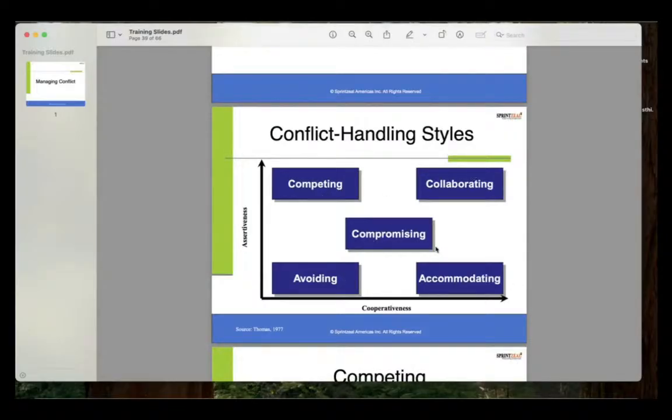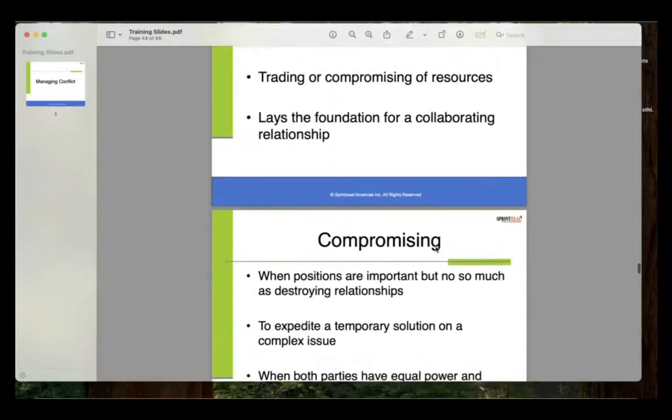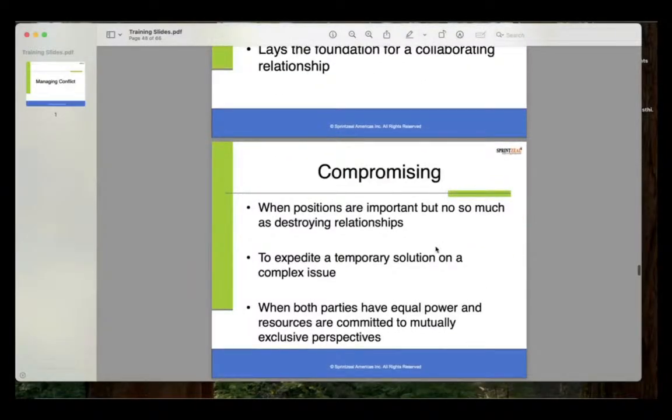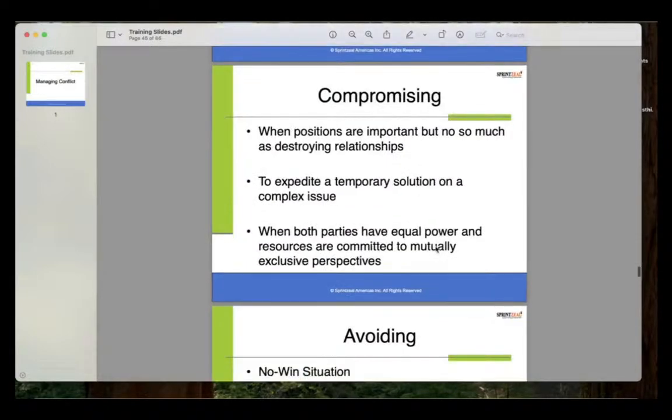So compromising is a middle ground when we need a temporary solution to a complex issue. Also, when both parties have equal power and resources and are committed to mutually exclusive perspectives. That is when we use the compromising style of conflict handling.